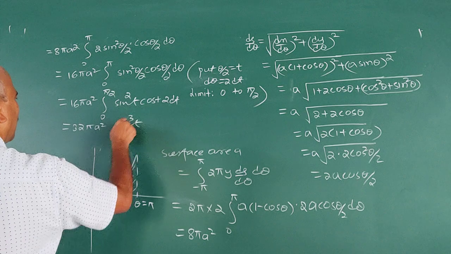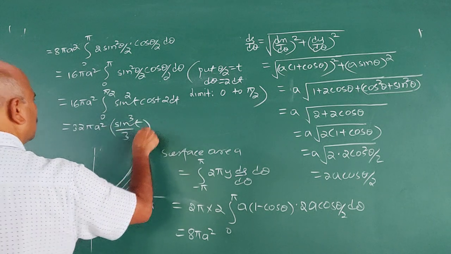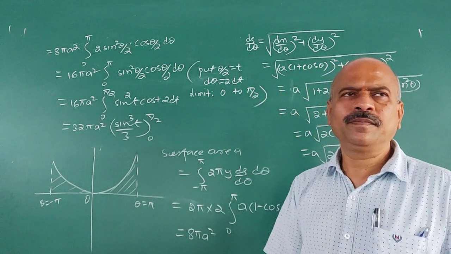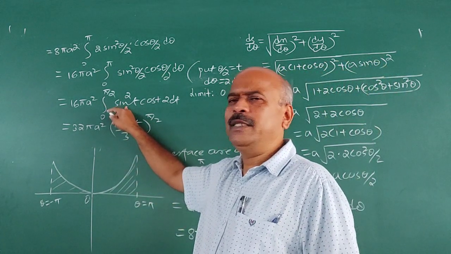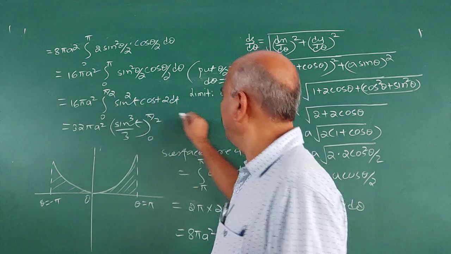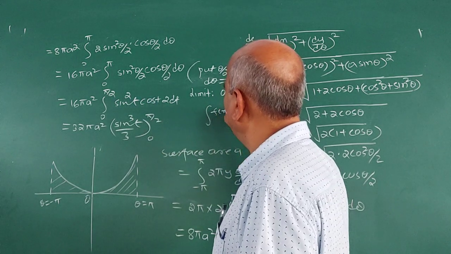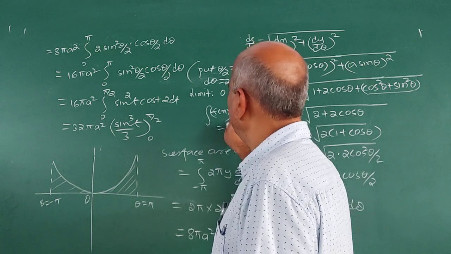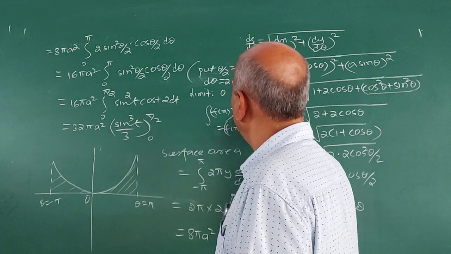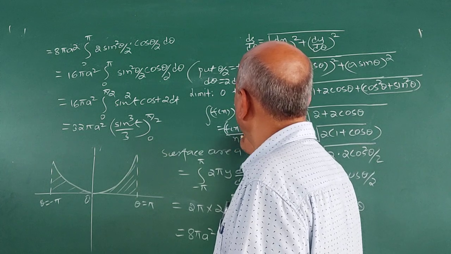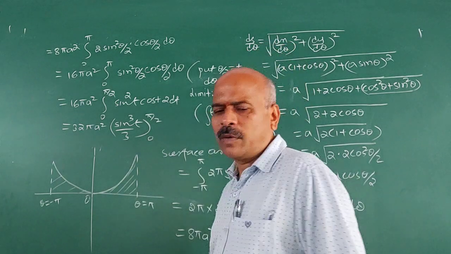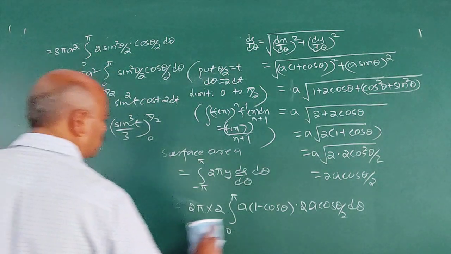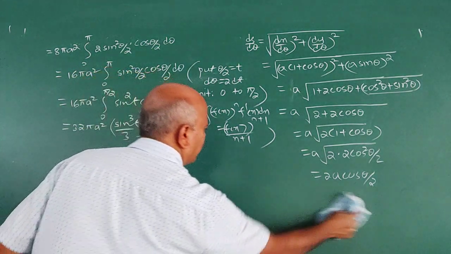sin t raised to 3 upon 3, from 0 to pi by 2. How to integrate? It is of the form f(x) raised to n into f dash x. We have used this formula: integral of f(x) raised to n into f dash x dx is f of x raised to n plus 1 upon n plus 1. So sin t raised to 3, that is 2 plus 1, upon 3.